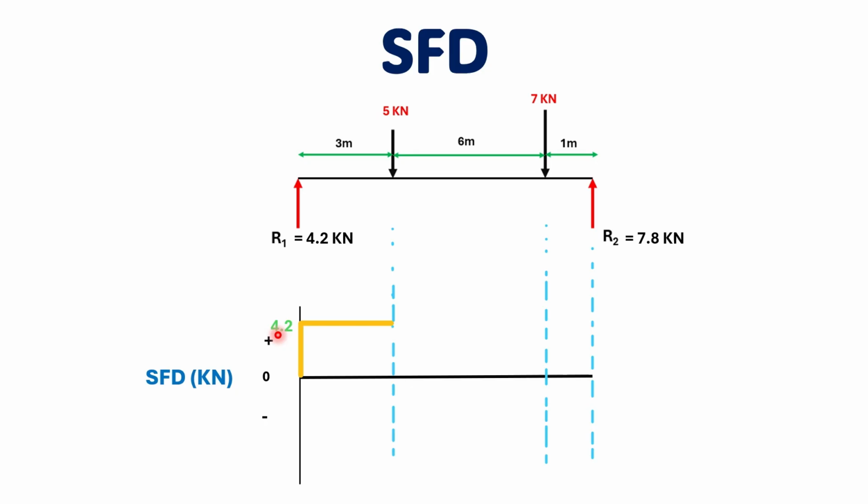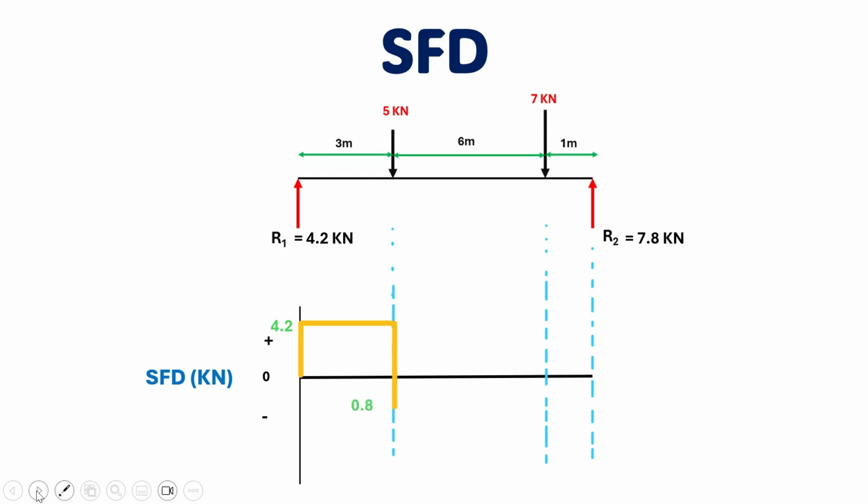And at this point we have minus 5 because it is downward in direction. So adding plus 4.2 and minus 5 yields minus 0.8. Minus 0.8 lies here, so I draw this vertical straight line at minus 0.8.